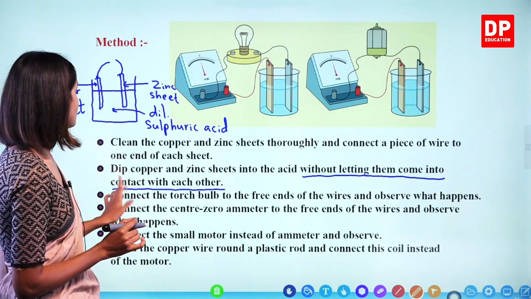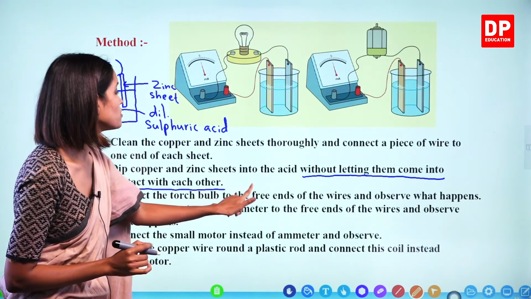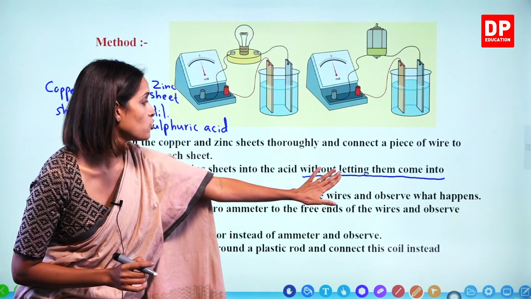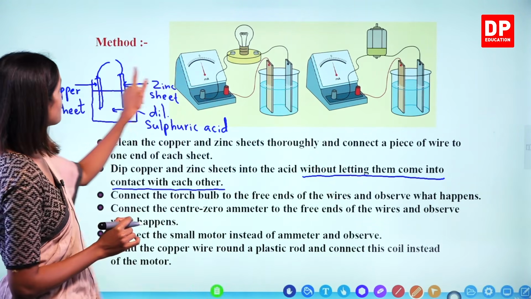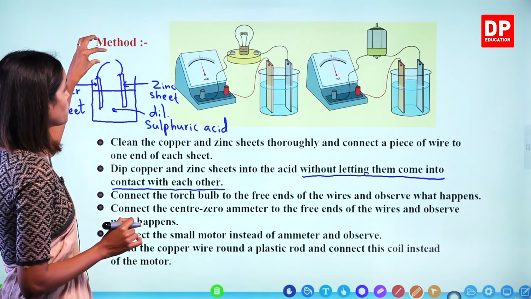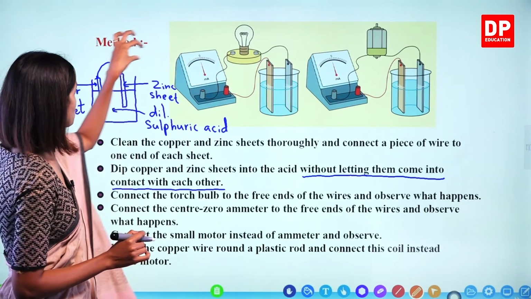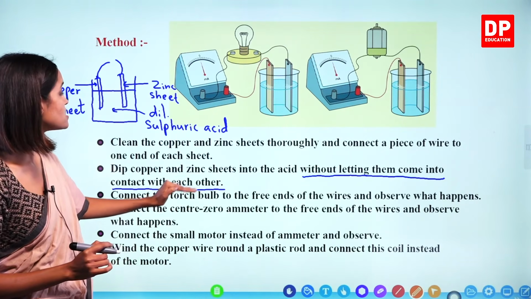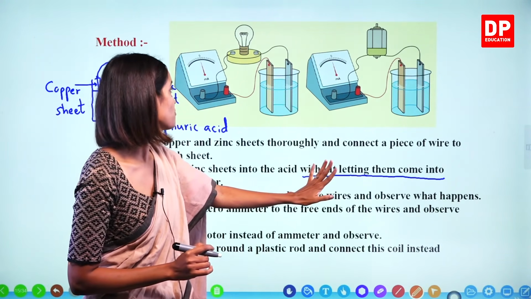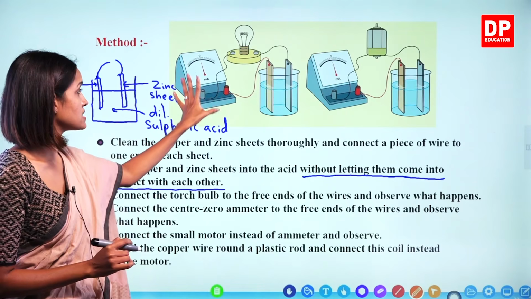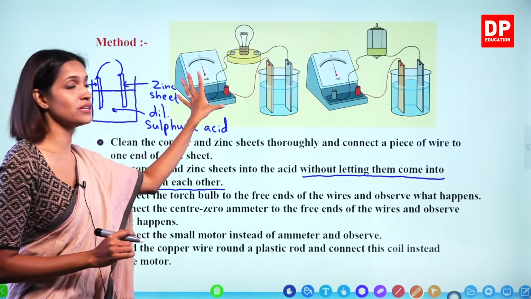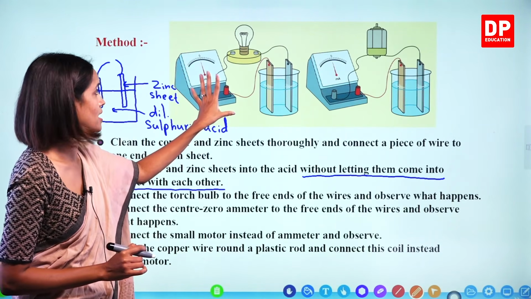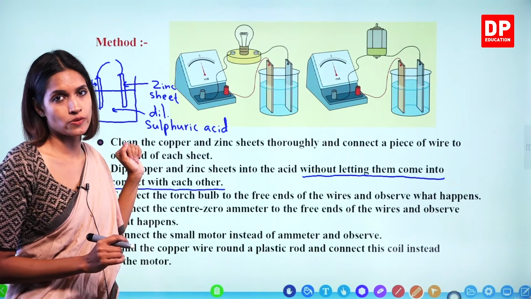Understand? Then connect the torch bulb to the free ends of the wires and observe what happens. We have two wires here. You have to first connect a torch bulb. Okay? And then connect the center zero ammeter to the free ends of the wires. In this one, it's given bulb and ammeter connected at the same time, but you can connect them separately as well.